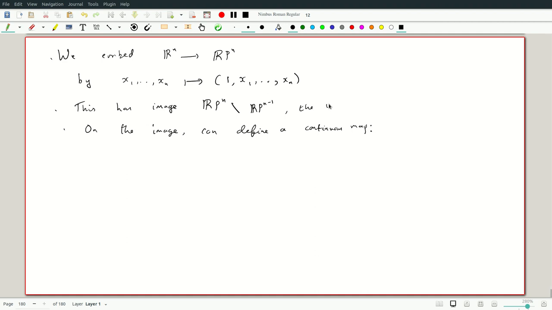The image in RPn of (x0, ..., xn) in R^(n+1) such that x0 is not 0. Okay, so you look at those where the first coordinate is not 0, so on the image we can define a continuous map.